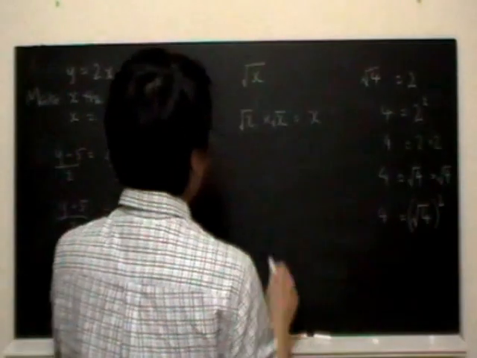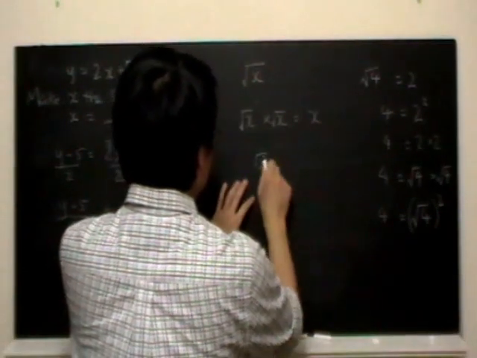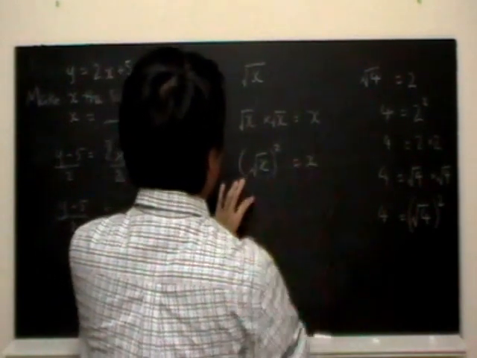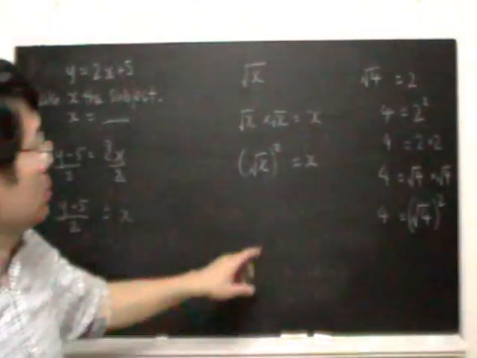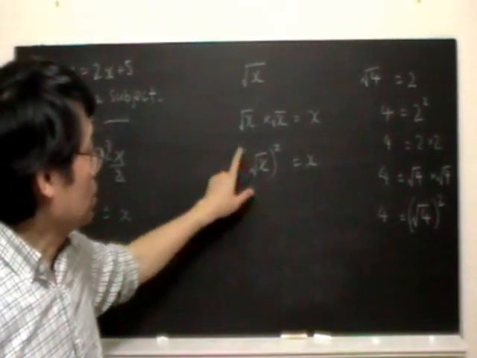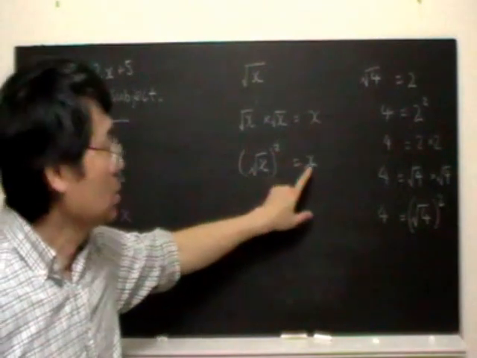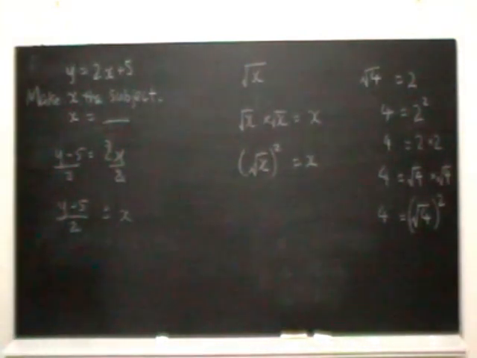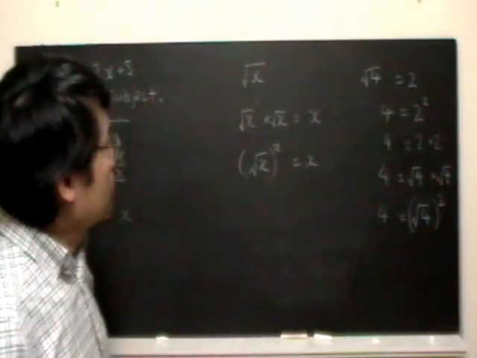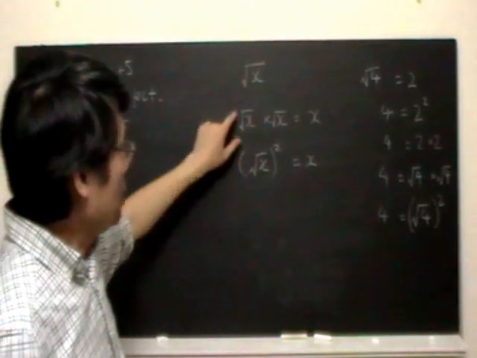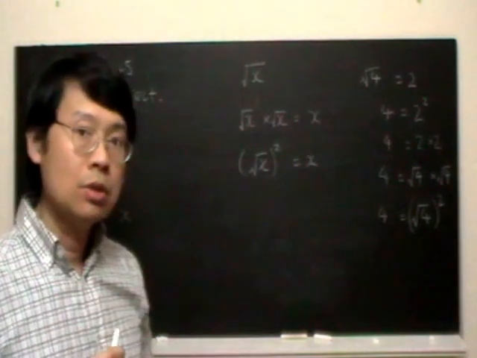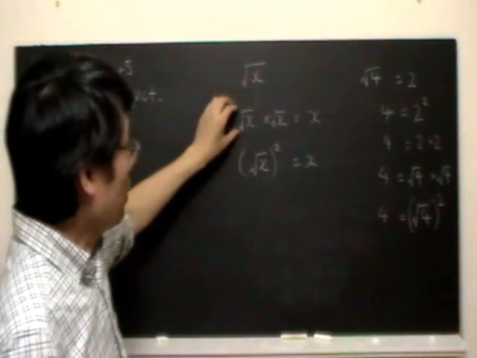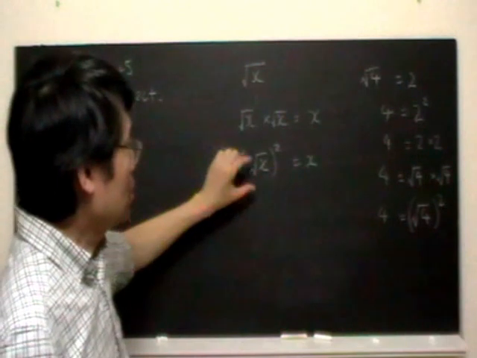And we can therefore also write this in this way. Square root of x, whole thing squared, is equal to x. So these two expressions are quite useful if you get used to the fact that they really mean the same thing as x.